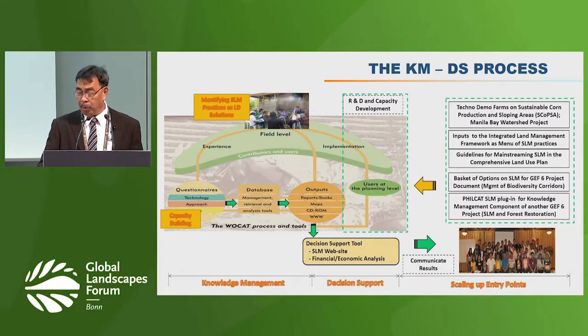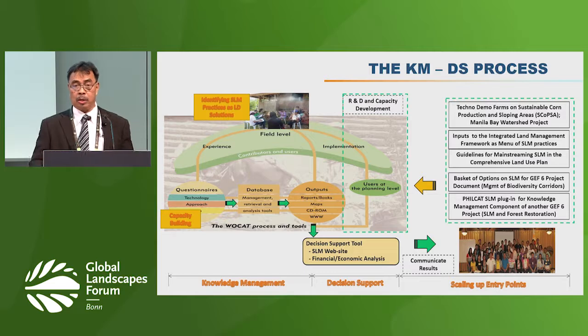And right now, we are preparing the project document for our GEF-6 project, and this becomes our menu of options for sustainable land management, looking at the integrated management of biodiversity corridors. It also provides us a plug-in for knowledge management of another GEF-6 project.